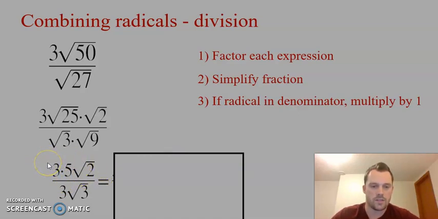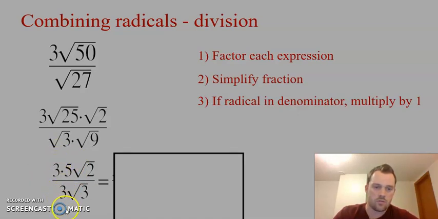That's going to be important, because when we have 15 root 2 over 3 root 3, well, thinking about just the coefficients, 15 over 3, we can simplify that because both of those are divisible by 3, right? So I left this 3 factored out, because that's just a little easier to see.